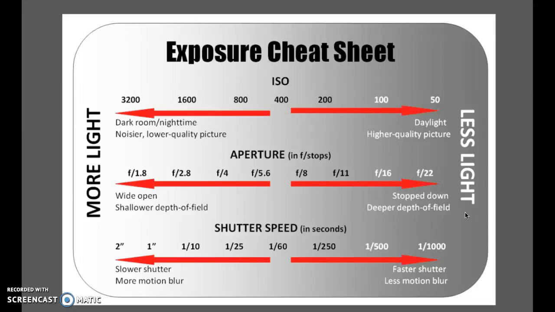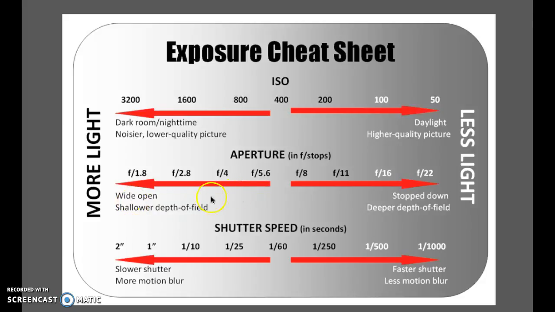Okay, so to kind of narrow everything down, I have these cheat sheets that are fantastic for when you're going to go take a picture and you're sitting there and you're like, okay, well, it's during the day, and what kind of setting do I need to capture a good picture during the day? So you can look at this cheat sheet. You see more light. You look at the ISO and it says you're going to have a noisier, lower quality picture.